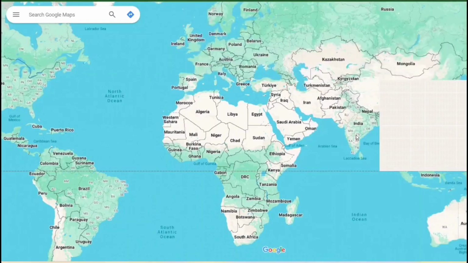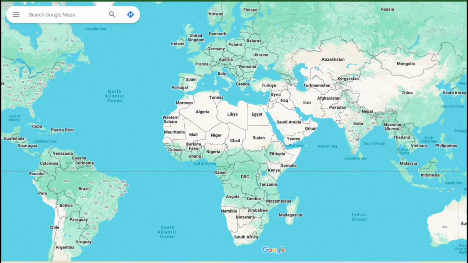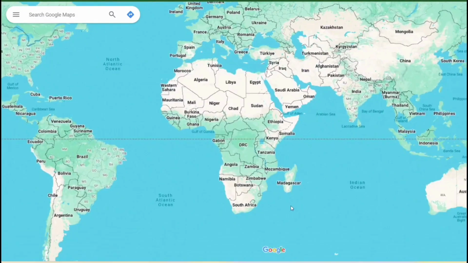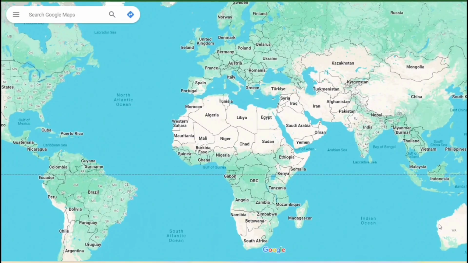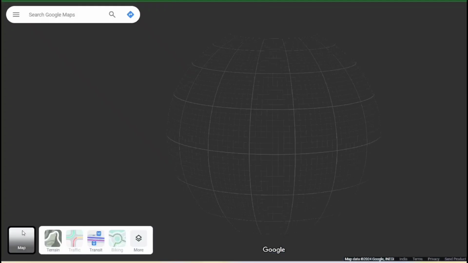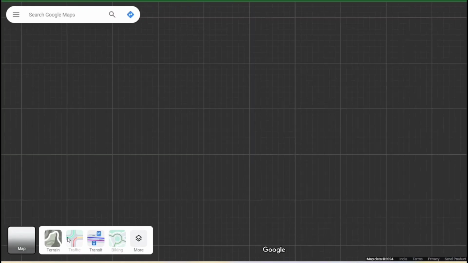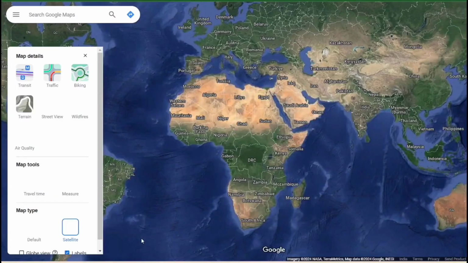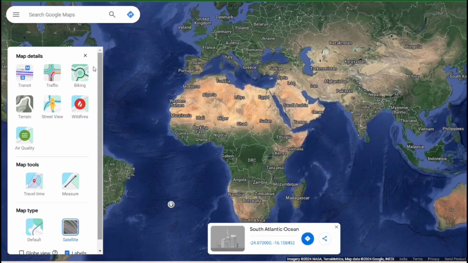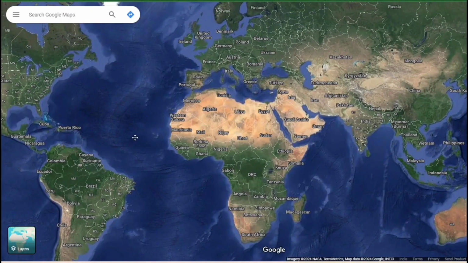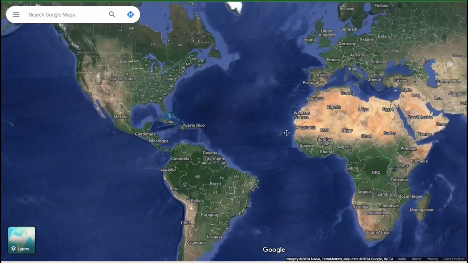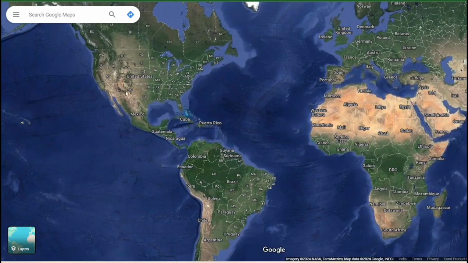Zooming out, you can see which are the greener areas and which are the areas that contain the rainforest. So I will just go to the satellite image. Okay, already present. So see these parts first.